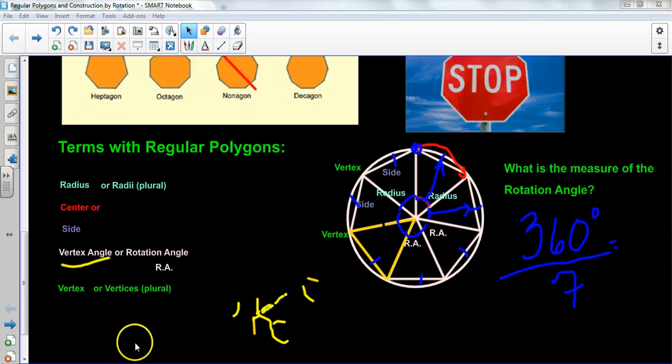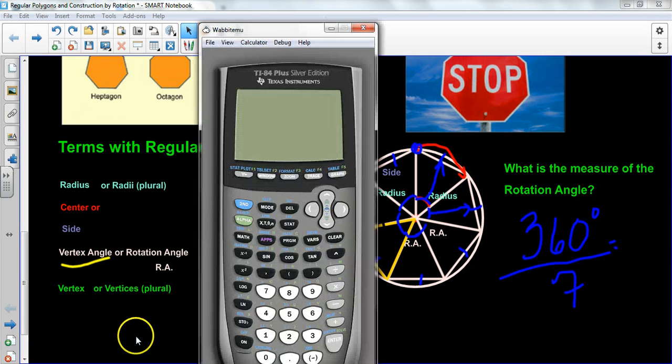So let me grab my calculator here. And let's find out what that is. And you guys need to have your calculator too. Not right now, but when you do these problems you will. I'm going to take 360, divide it by 7, and the rotation angle for this regular heptagon, and true for all regular heptagons, if we rotated this shape around the center, 51.42857143.